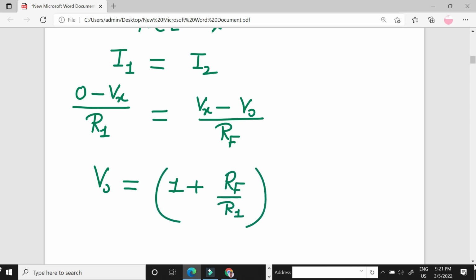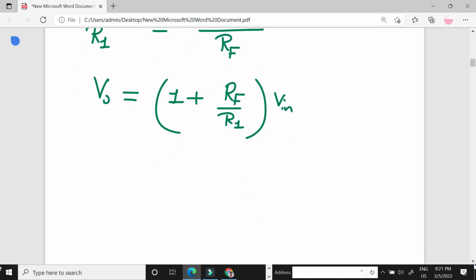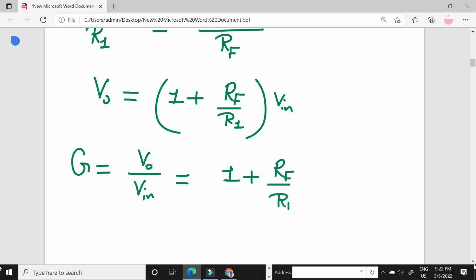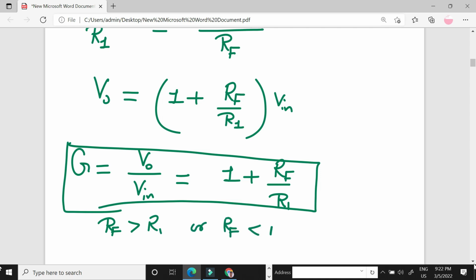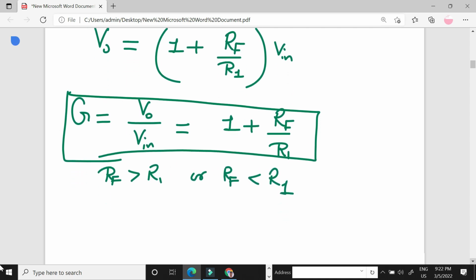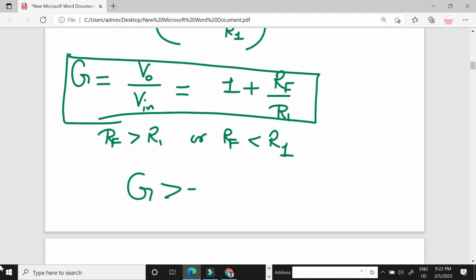So here gain is output upon input. Gain is the ratio of output to the input, 1 plus Rf upon R1. And in every condition, either Rf is greater than R1 or Rf is less than R1, G is always greater than 1.